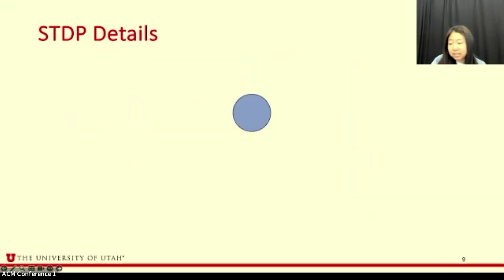Next, let's see how Pathfinder updates the weights between the input neurons and the processing neurons using the STDP learning rule. The spike timing is very important for STDP to decide whether to strengthen or weaken the weight.